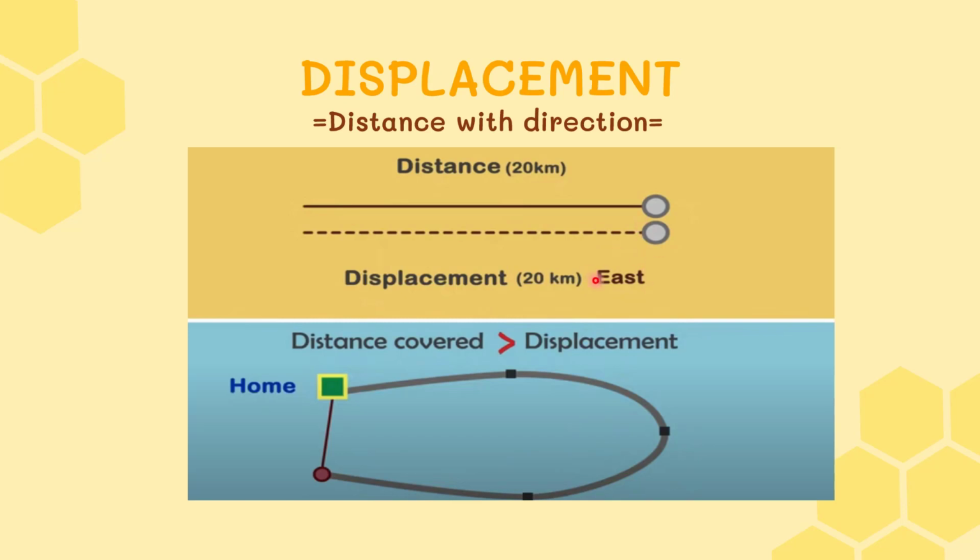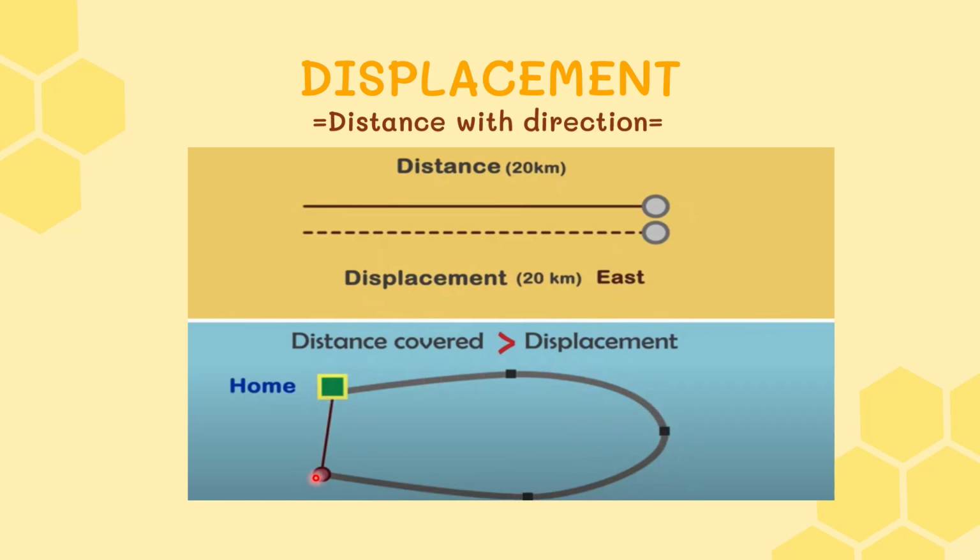So the distance covered will be different from the displacement. If you have one turn in the path, the displacement will be very small compared to the distance covered after a long journey.